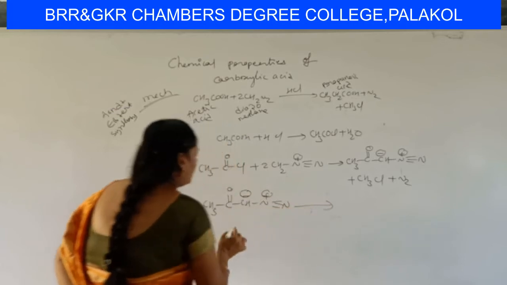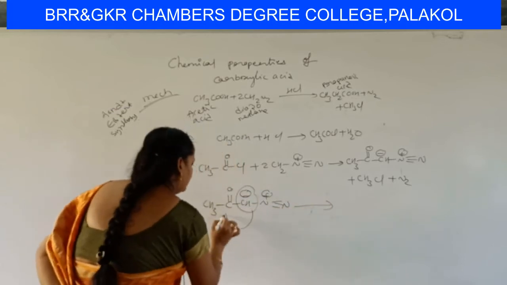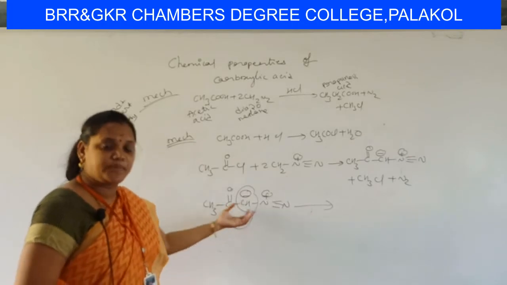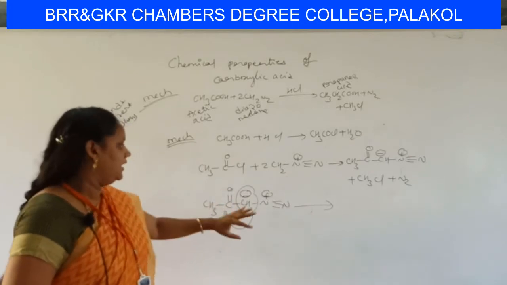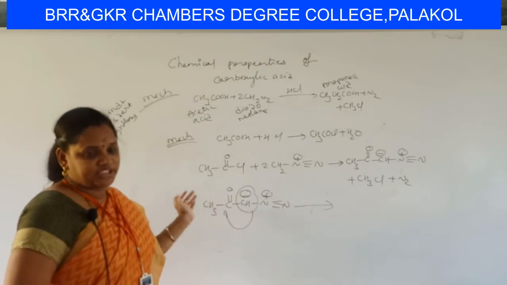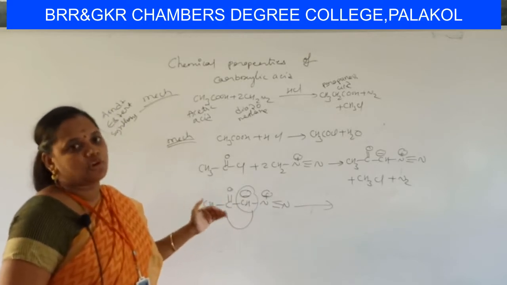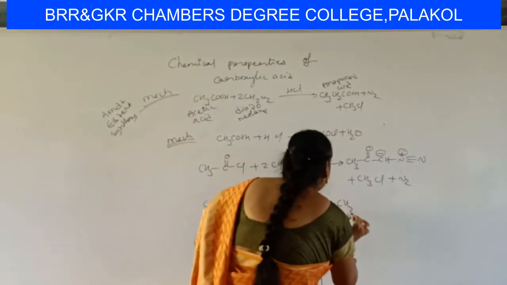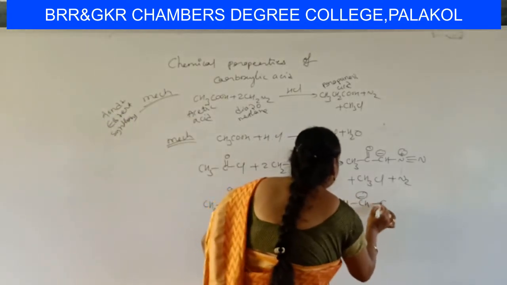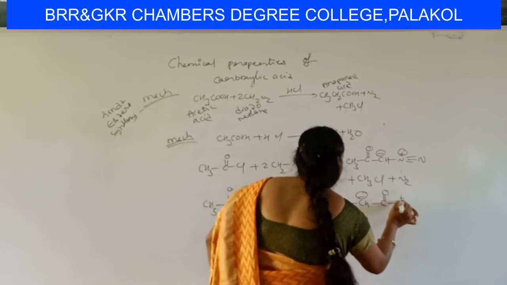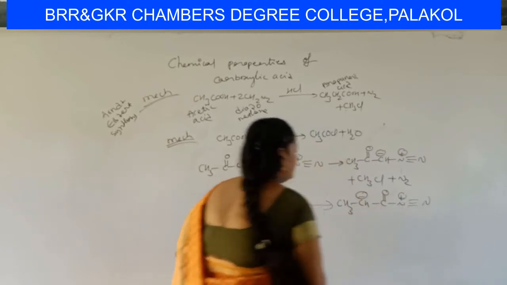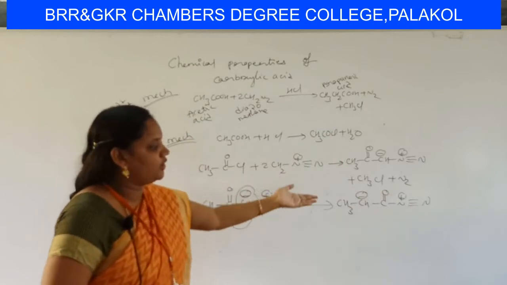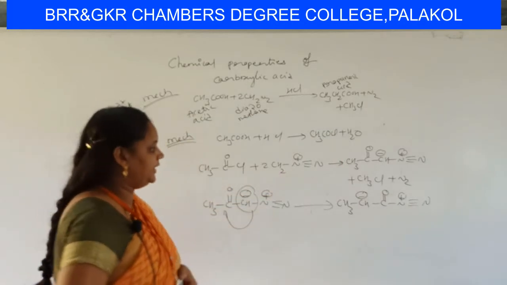Right, students? What happens here? Intramolecular rearrangement takes place. Rearrangement takes place in the molecule itself to form the more stabilized intermediate. So you will get CH3-CH-C(=O)-N+≡N. We are shifting CH here and C=O to form a more stable intermediate.